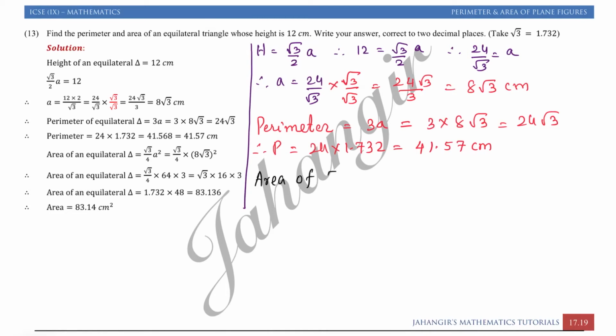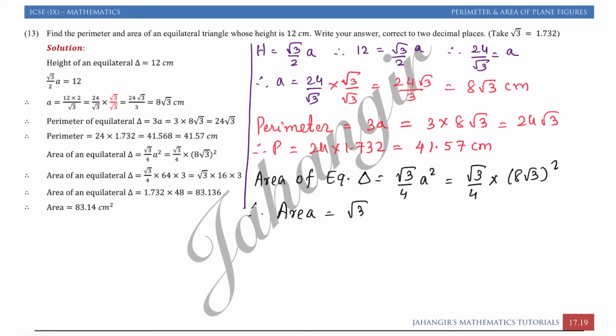Area of equilateral triangle is root 3 by 4 side square. So that is root 3 by 4 into side, we can write it as 8 root 3 whole square. So therefore area is root 3 by 4 into 8 square is 64 into root 3 square is 3.